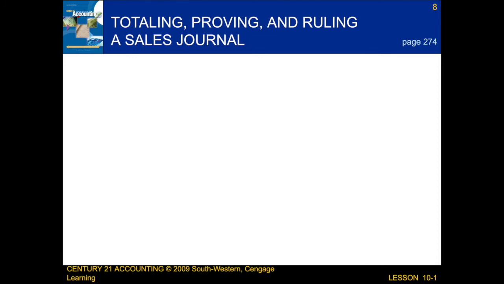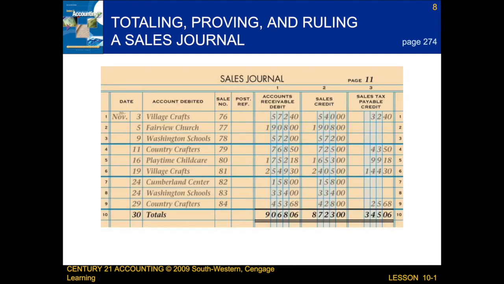Okay, so the last thing that we're going to be talking about in this lesson is totaling, proving, and ruling a sales journal. When we total, prove, and rule a sales journal, there are a few steps that we follow. First, we draw a single line rule. Next, we write the date. After that, we write in the word totals.